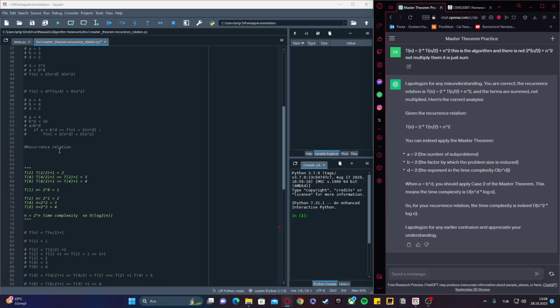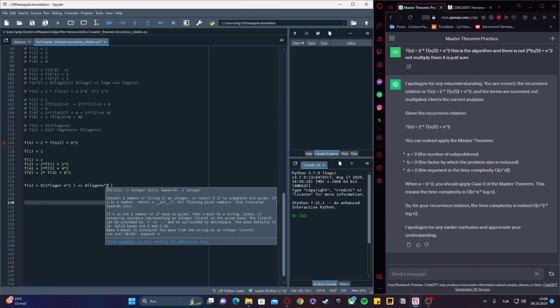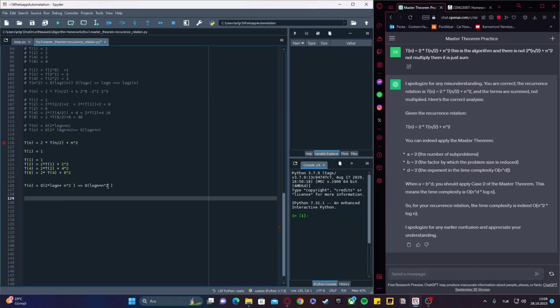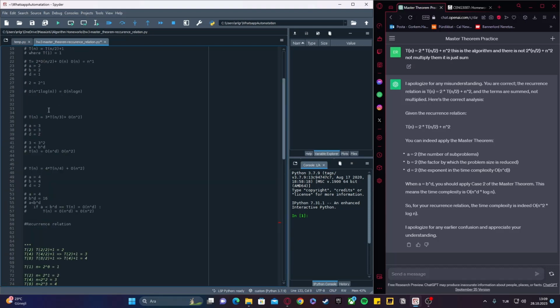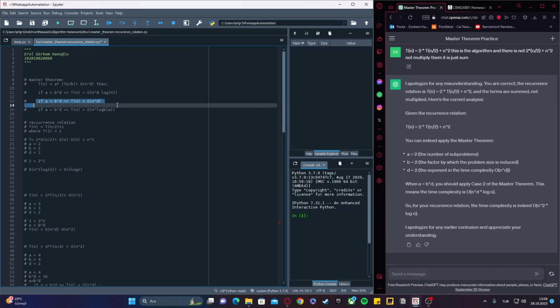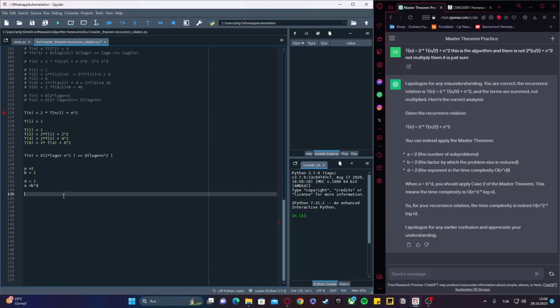If you solve it like this one, okay, let me try to solve it: a equal to 2, b equal to 2, and d equal to 2. Actually, a is less than b to the power d, and we can see this one. So T of n equals n over 2.